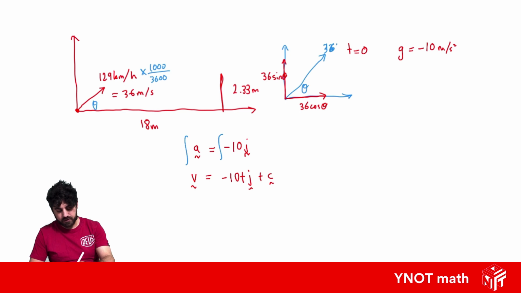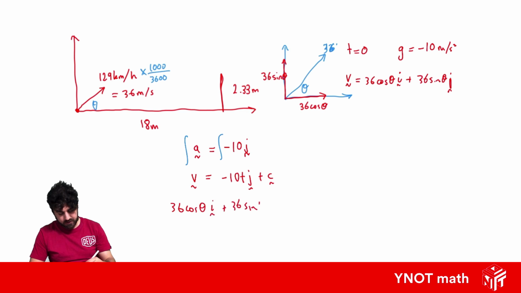So over here, we know our initial velocity is going to be the x component, 36 cos theta i, plus 36 sine theta j. So let's go ahead and put that in. For our initial velocity, 36 cos theta i plus 36 sine theta j equals minus 10. So initial velocity means time is 0, where that whole term is going to be 0.